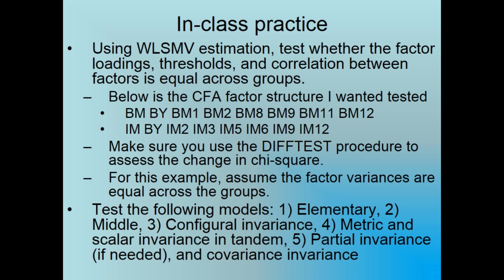We're also going to test for a partial invariance model if needed. And lastly, which really requires a 6 here, I'm also going to test whether the covariance is equal across BM and IM. So basically, I'm testing: is the relationship between BM and IM equal across elementary and middle school teachers?